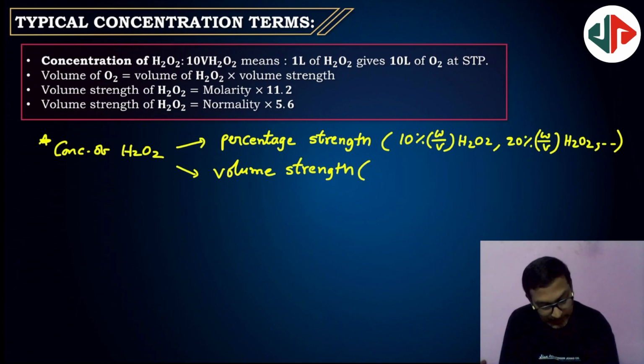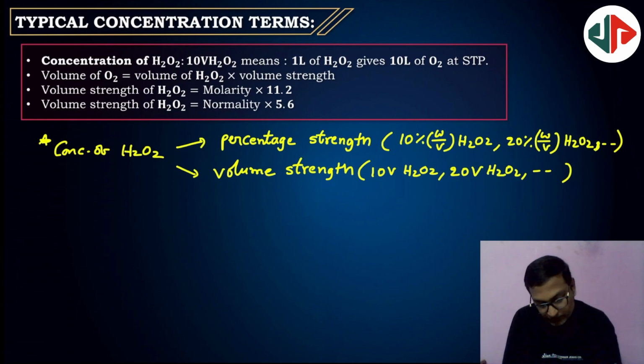Volume strength means 10 V of H2O2, 20 V of H2O2 and so on. These two are different methods to express the concentration of H2O2.